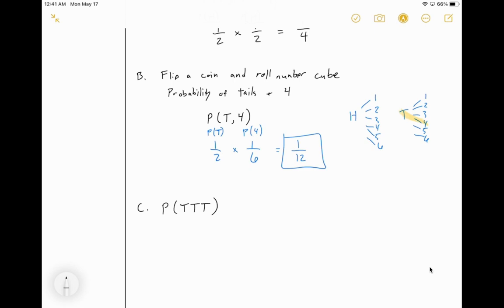What's the probability that you will get tails, tails, tails? Well, again, all you need to do is find the individual probabilities and then multiply. So find the probability of getting tails, tails, and tails, and then multiply it out.